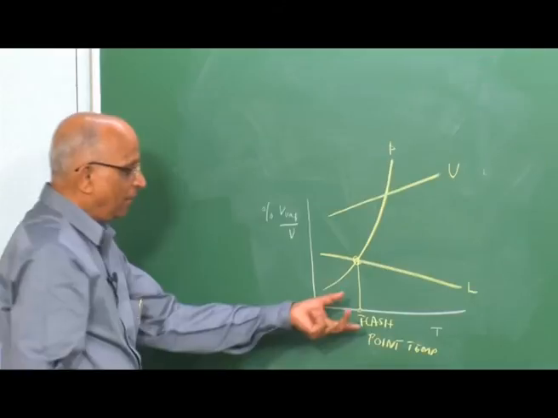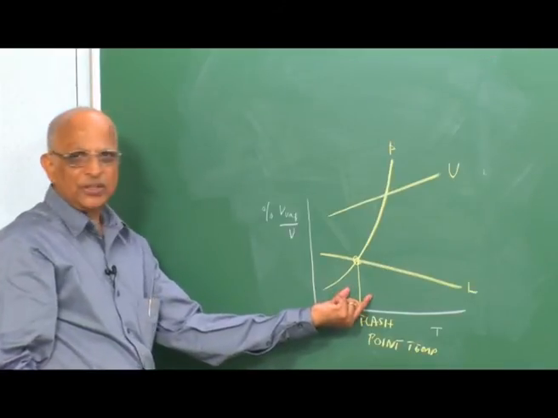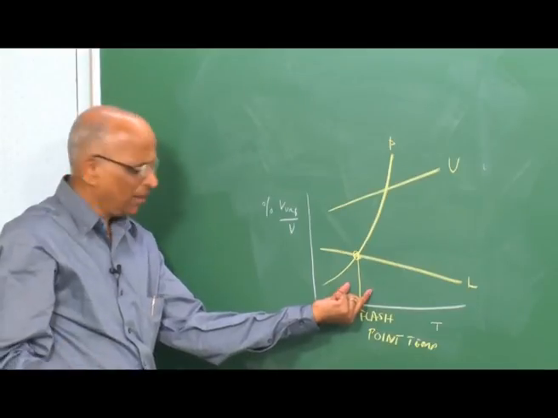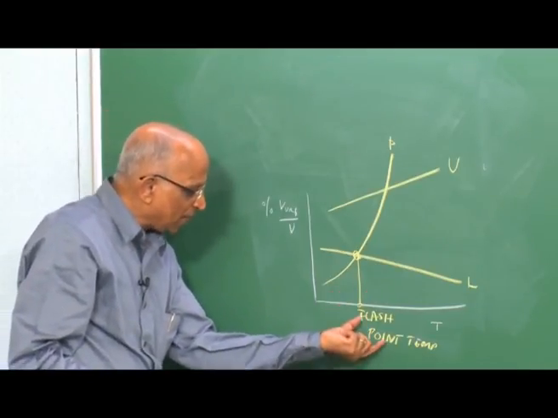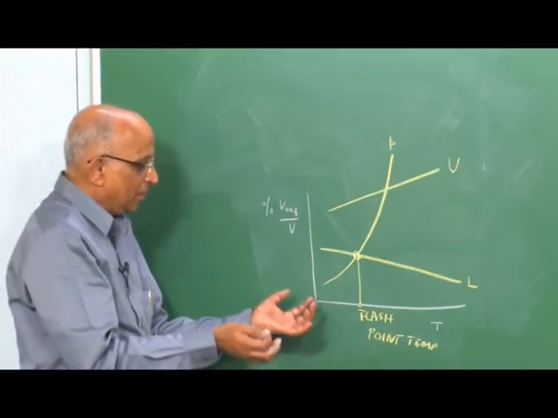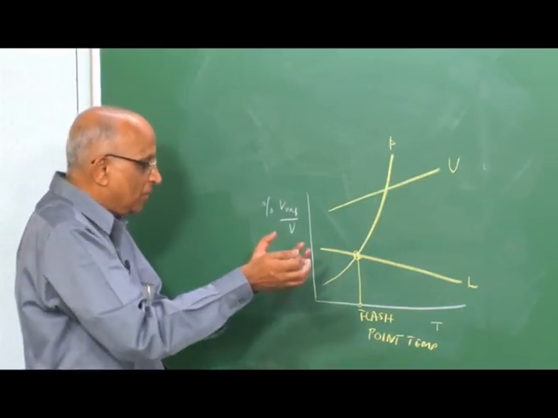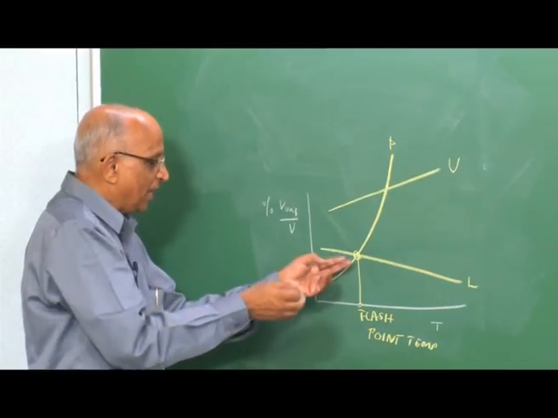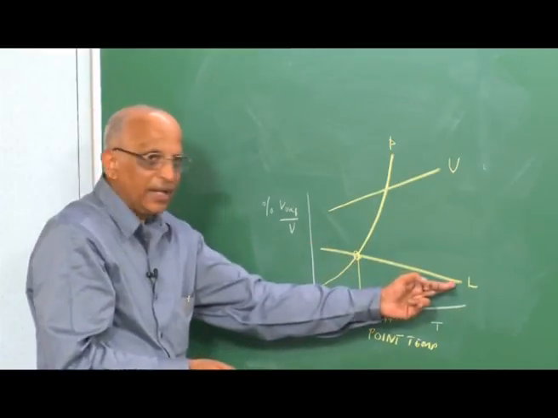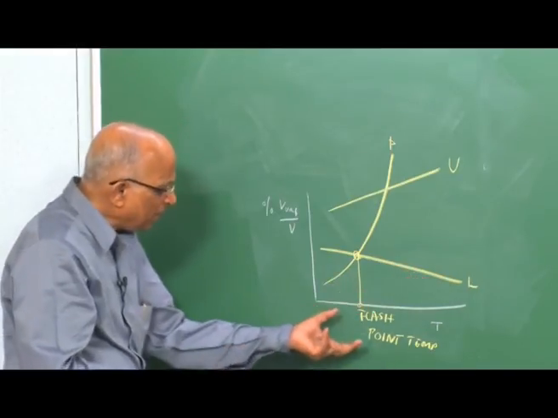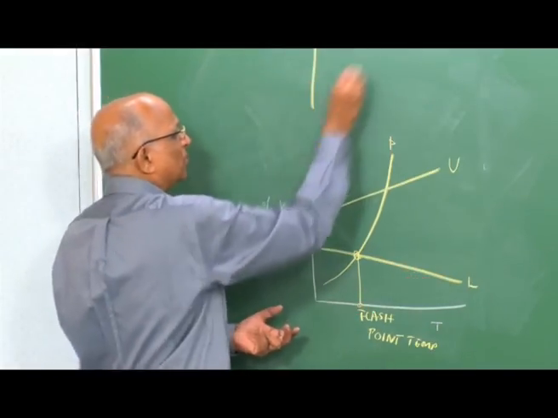In other words, when we talk in terms of volatile liquids like petrol, kerosene or other substances, we talk in terms of a flash point temperature at which sufficient vapor is formed above the liquid, which when mixed with air forms a limit mixture corresponding to the lean limit L. But what happens? Let's again put this diagram here.